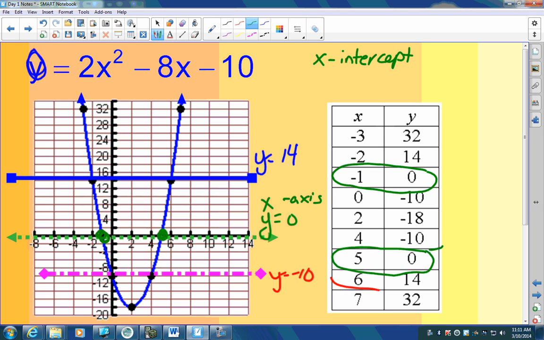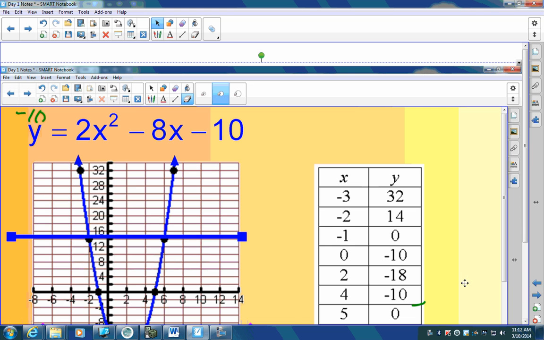But here's the other thing. You guys need to have written down that another name for these are the roots. We also call them the zeros. That is only true when y is 0. So let's see, I have negative 1 and 5. So let me go back over here for a second.